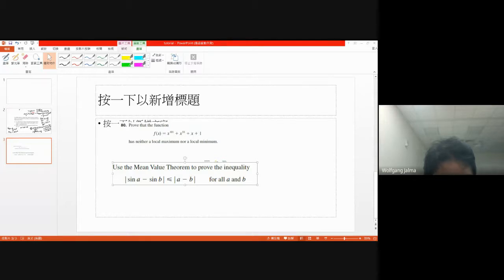What do you think? The mean value theorem is easy, right? Probably. But the no local maximum or minimum may be a bit harder.